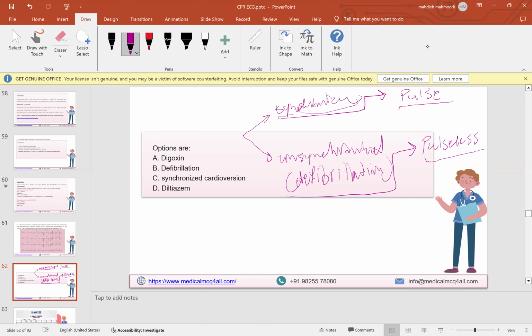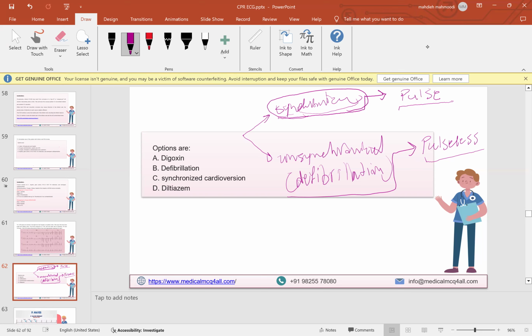Technically, to make it easier for you, when you say synchronized, it means being synced with something. What is that thing? That thing is the patient's pulse. So when you say synchronized, it means there is a pulse, I'm going to get synced with the pulse. But when you say unsynchronized, it means there is no pulse, there is nothing to be synced with. You understand? Yes, ma'am.